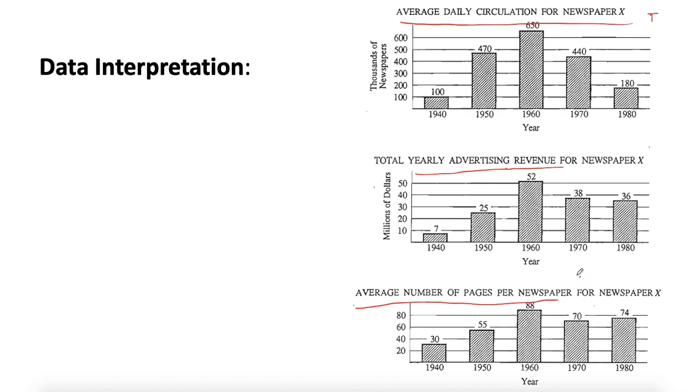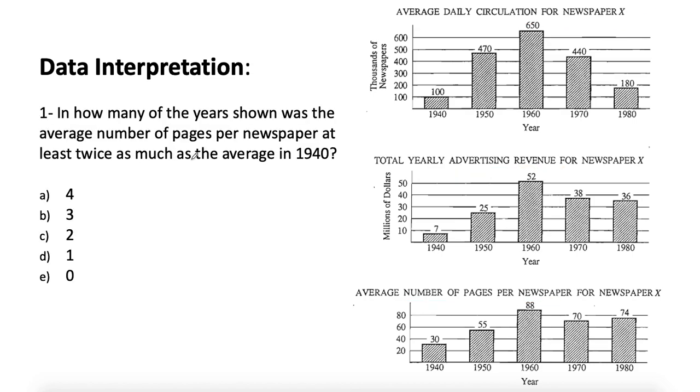Now let's see the first question. In how many of the years shown was the average number of pages per newspaper at least twice as much as the average in 1940? So this is pages per newspaper. What exactly is the average in 1940? That is equal to 30.